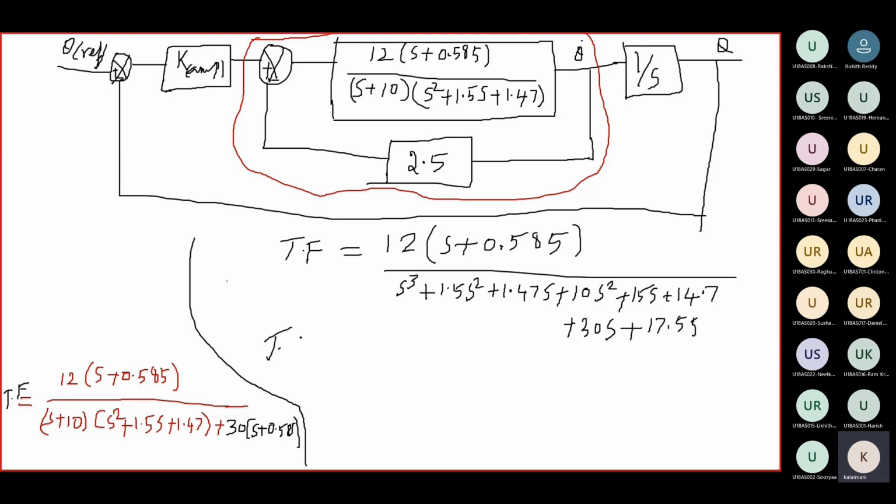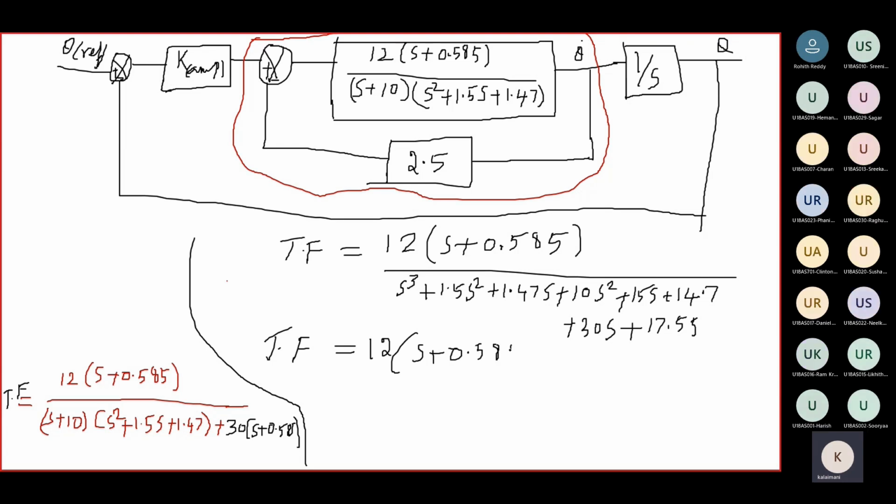Therefore, your transfer function for this inner loop is 12 times S plus 0.585 divided by S cube plus 1.5 S square plus 10 S square, then we will get 11.5 S square, plus 30S plus 15S, 45S, plus 1.47S, then we will get 46.47S.